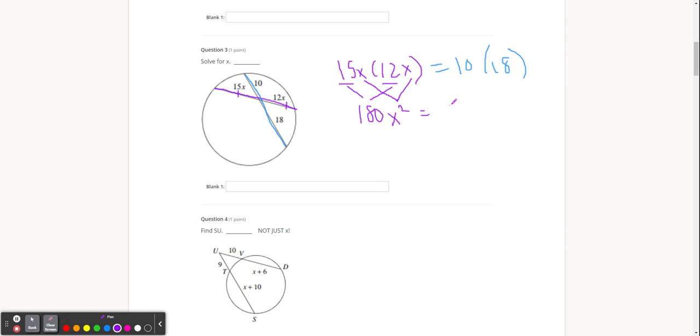And then 10 times 18 is also 180. How do you solve that problem? Divide by. So if x squared equals 1, what's x equal? Absolutely.